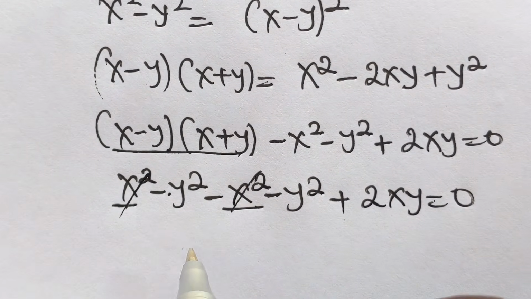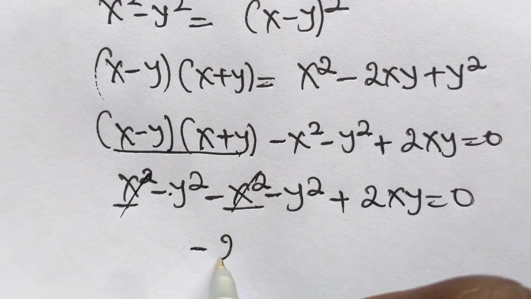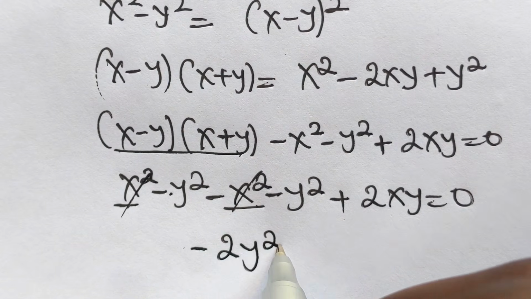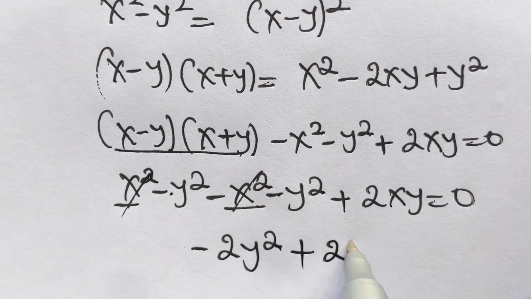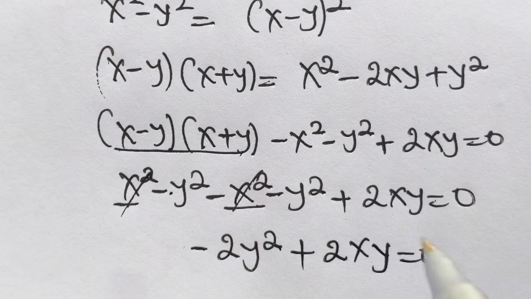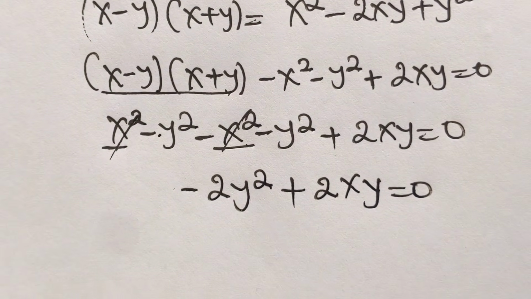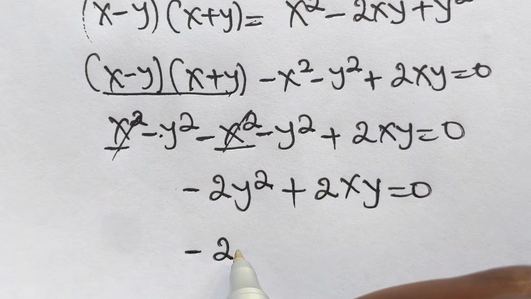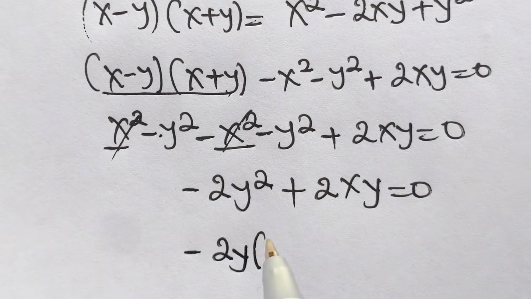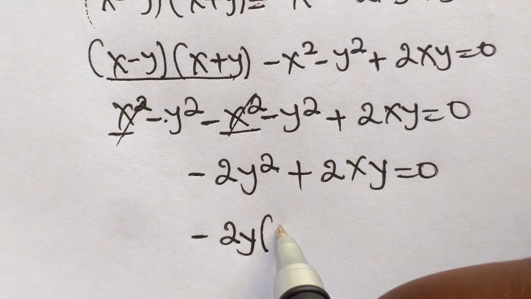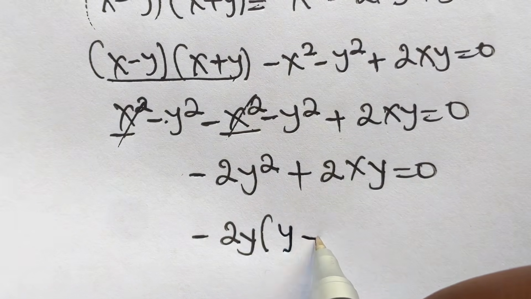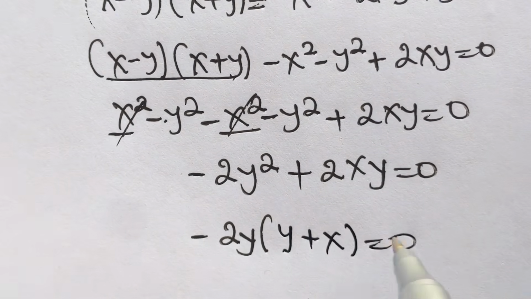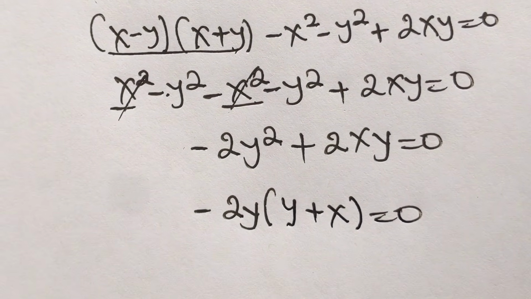This one and this we shall get negative 2y squared plus 2xy, which is equal to 0, and of course we shall factorize negative 2y to get y minus x, which is equal to 0, right, at this stage.